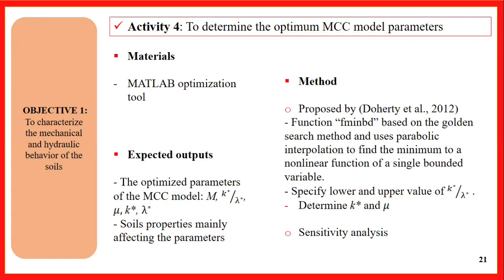In activity 4, we will use the MATLAB optimization tool with a method proposed by Doherty et al. in 2012. We will also do a sensitivity analysis to determine the impact of engineering properties of the soil on the MCC model parameters.